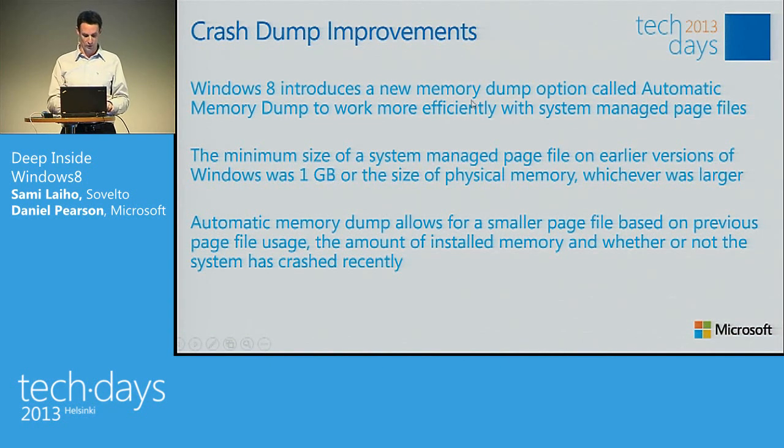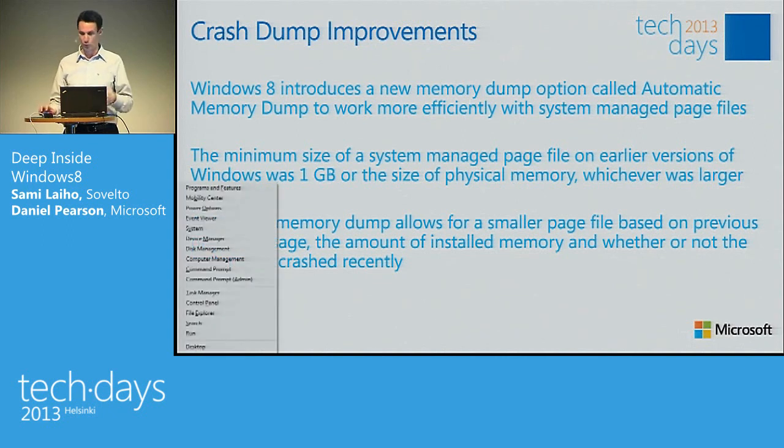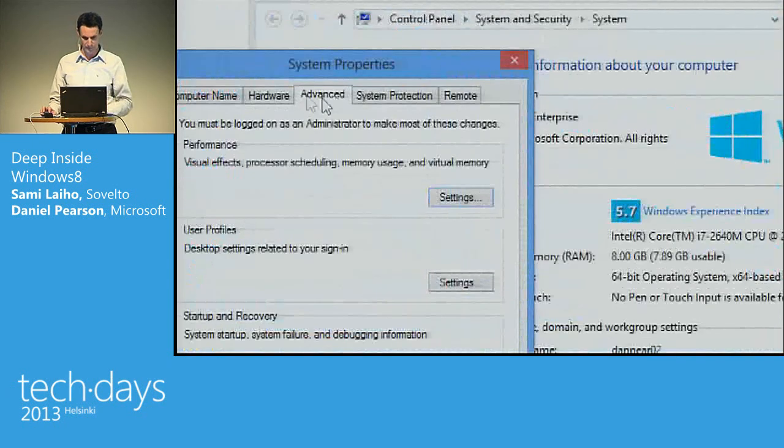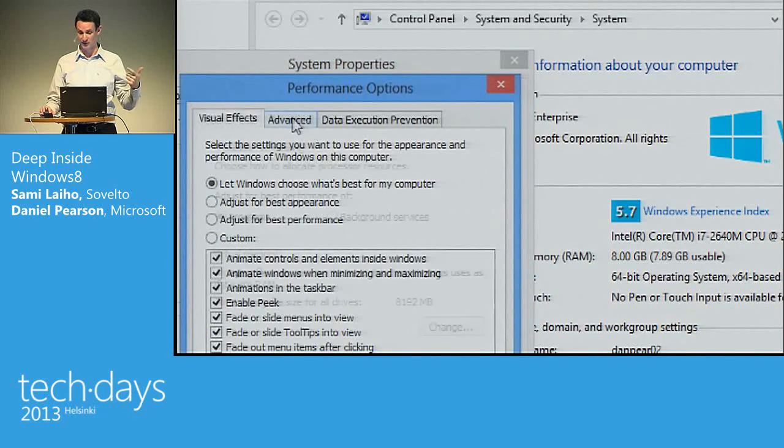One of the big changes was to do with automatic memory dumps. If I open up the system panel, here we have advanced options. And if I select that, you'll see there's also an advanced tab. Believe it or not, there is an advanced tab.